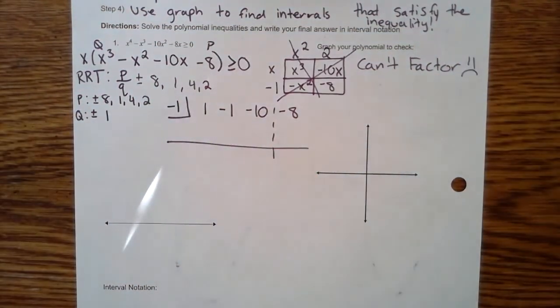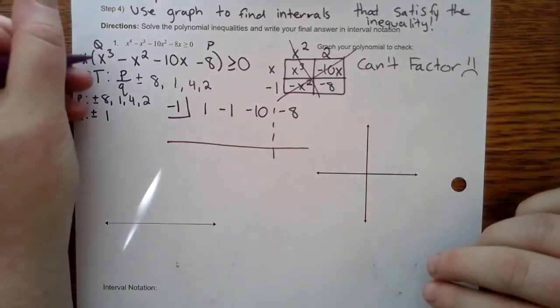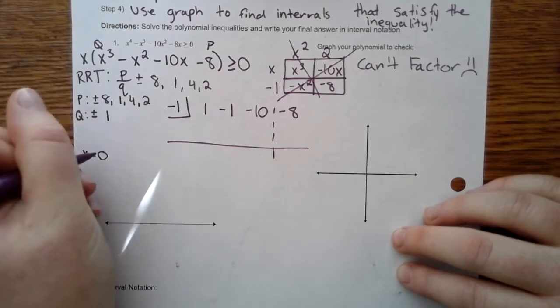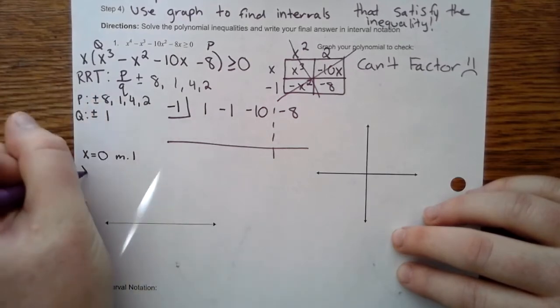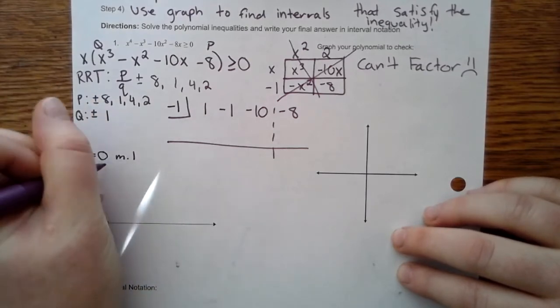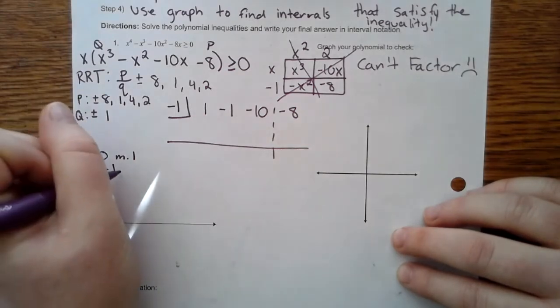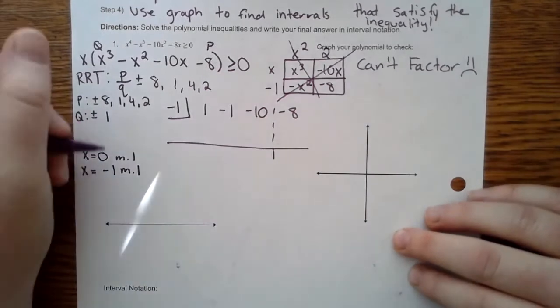Also, I already have 2 of my x-intercepts. I already know that one of my x-intercepts is 0 because of that x. Multiplicity 1, x equals negative 1, multiplicity 1. And now I have 2 out of my answers.